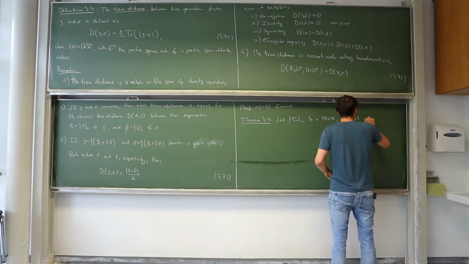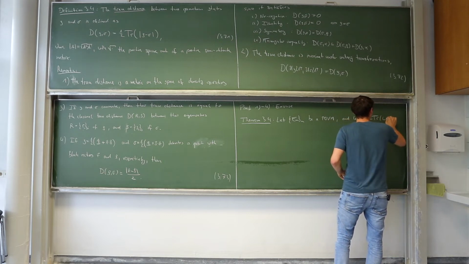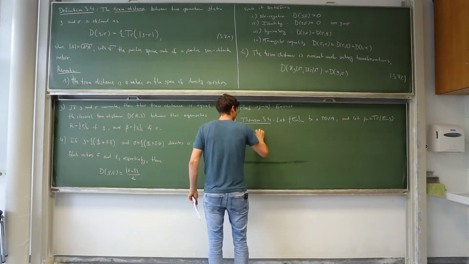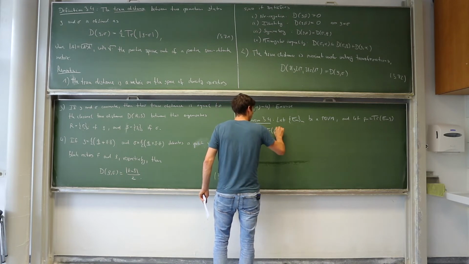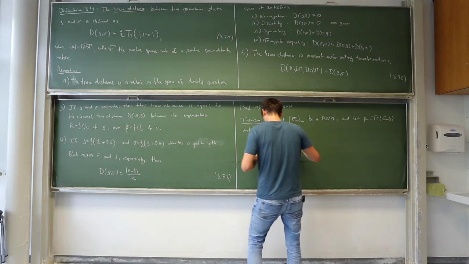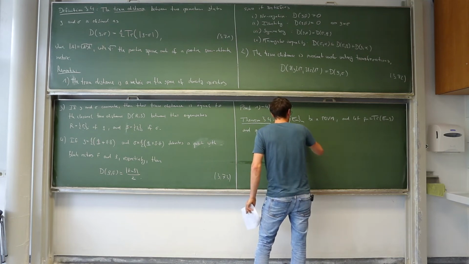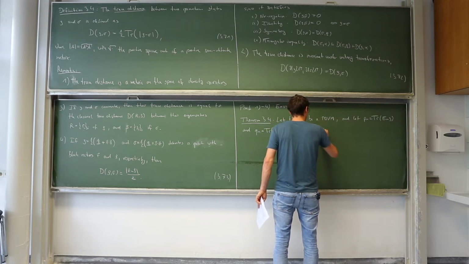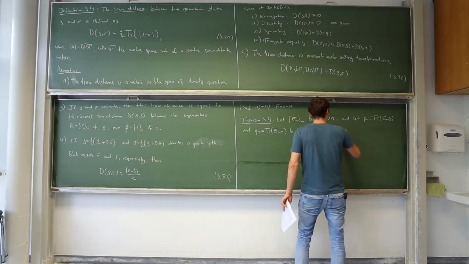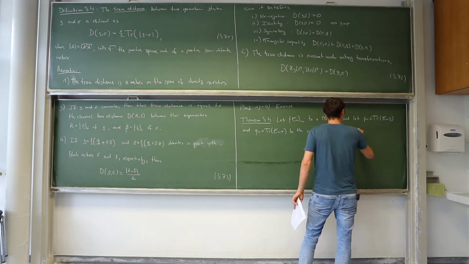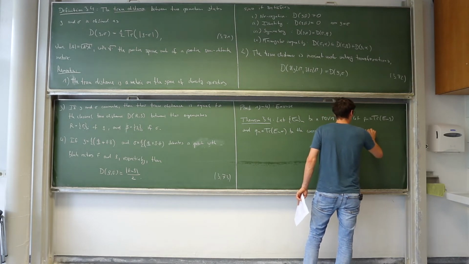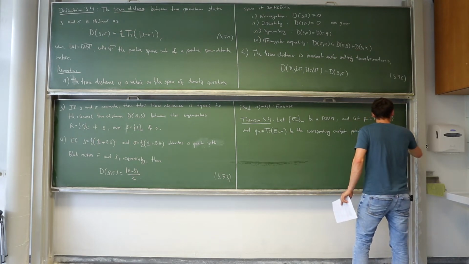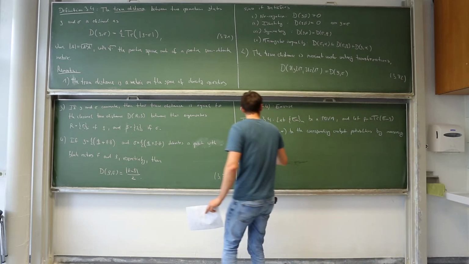And let p_m equal to trace E_m rho and q_m equal to trace E_m sigma be the corresponding output probabilities by measuring rho and sigma.